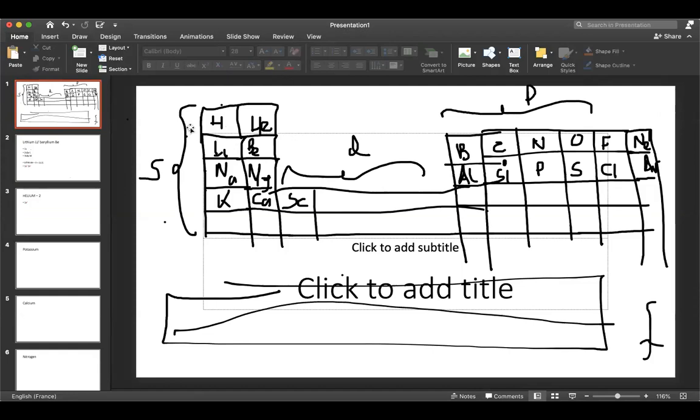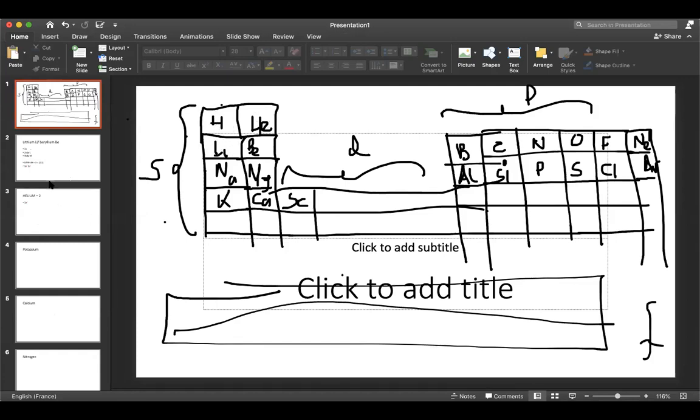So this is period 1, period number 2, period number 3, period number 4. Lithium is number 3.